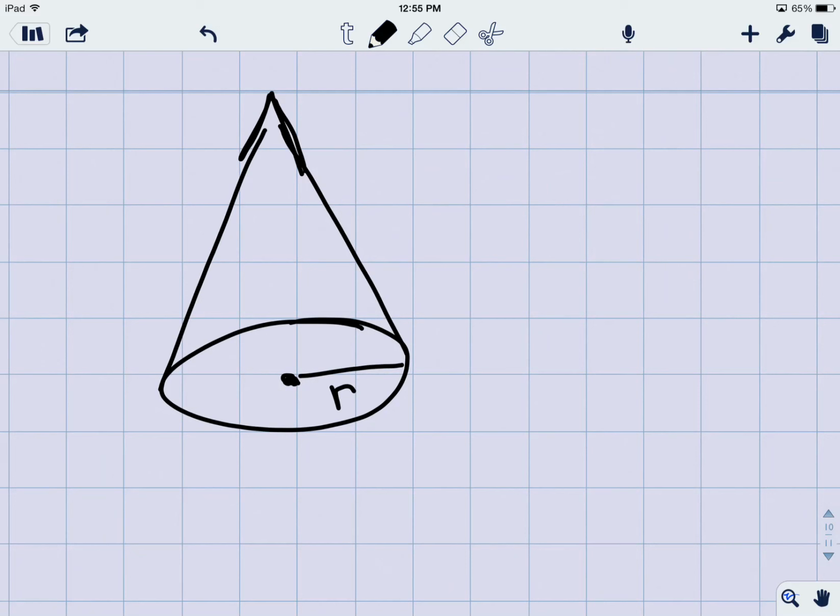So there are a few things that we need to know. In order to find the surface area of a cone, what is the formula? Pi times radius times height. No. Pi times radius. It's not pi times radius squared. Pi times radius times length.